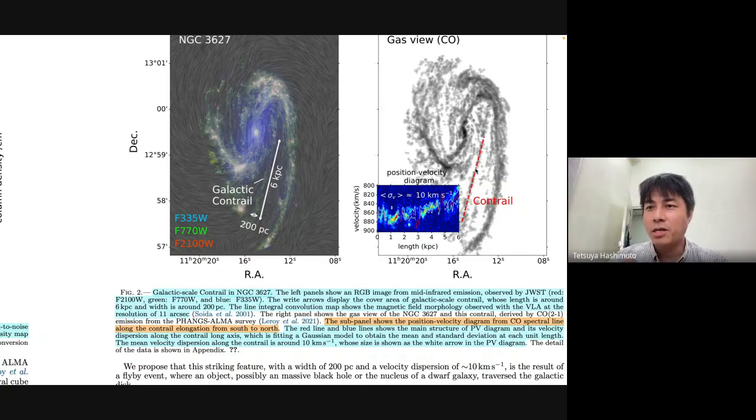Because if it's gravitationally bound, I imagine that the trajectory should curve because of the gravitational potential. I don't really expect it to go straight because it should curve, right? But this looks very straight. So I wonder if this is actually escape velocity or something like that, going so fast.